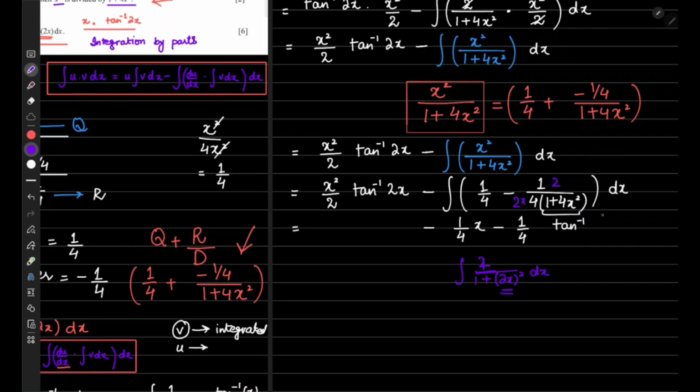Tan inverse of 2x. Okay, because this 2 over 1 plus 2x whole square gives you the tan inverse of 2x. Okay, now let's keep it aside.